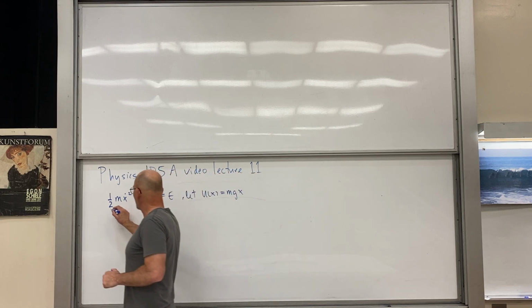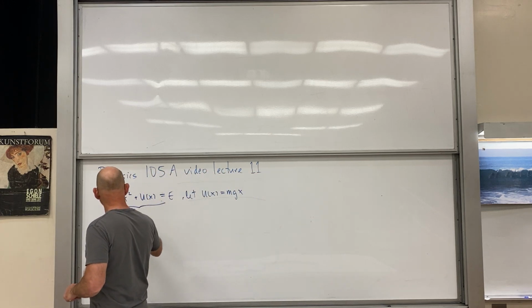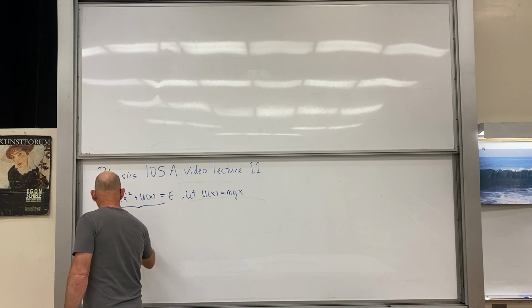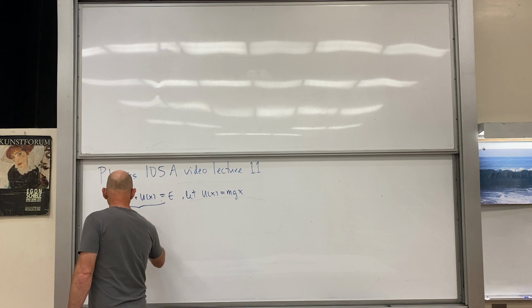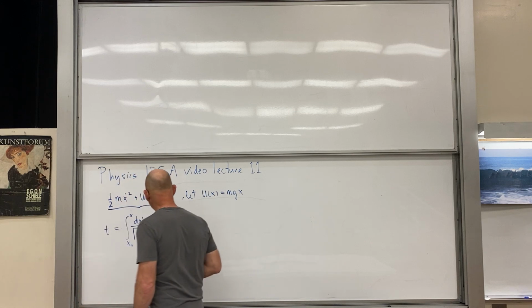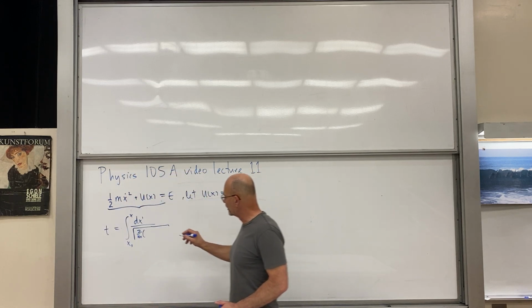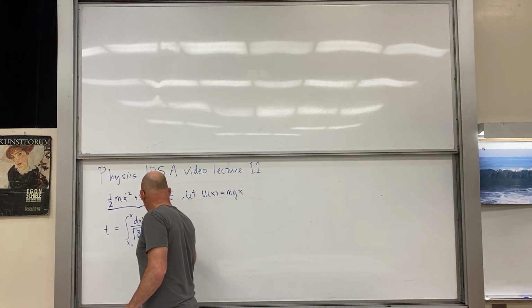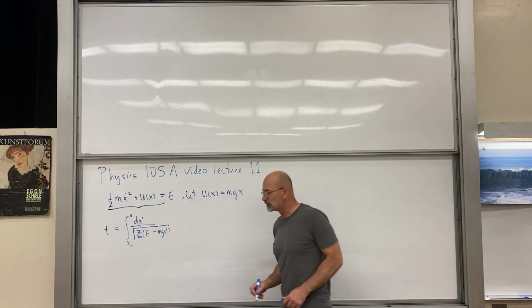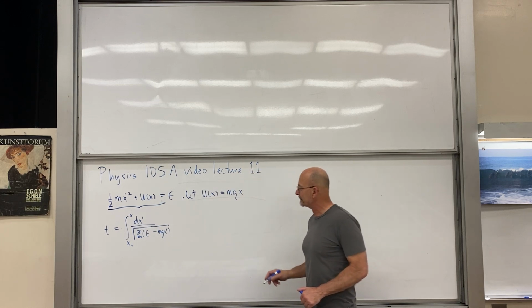So the separation of variables we've done a few times here leads to t equals the integral from x0 to x of dx prime over root 2 over m times e minus u, and so we're going to write e minus mgx prime like that.